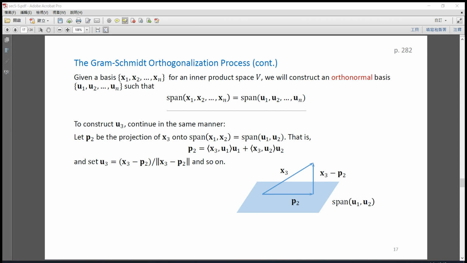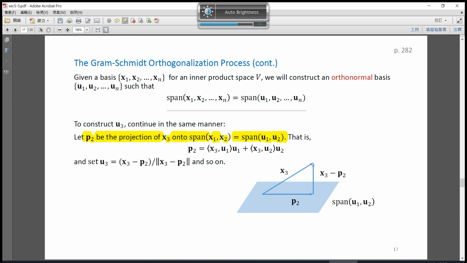We continue in the same manner to construct u3. Let p2 be the projection of x3 onto the span of x1 and x2, which equals the span of u1 and u2, which is proved in the previous slide.